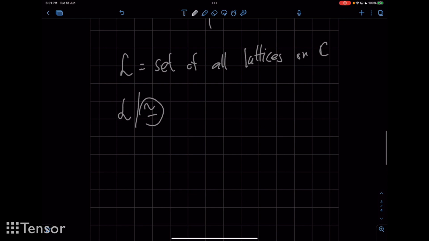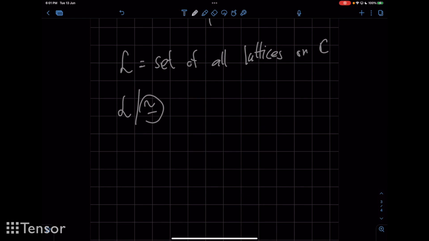There's this theorem in the theory of elliptic curves that every lattice... if I have a lattice on the complex plane, that lattice corresponds to an elliptic curve. So if I have a lattice here, this corresponds to a complex elliptic curve.